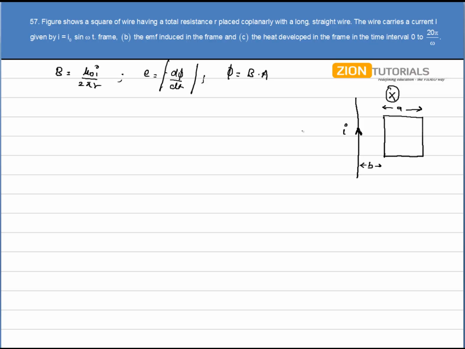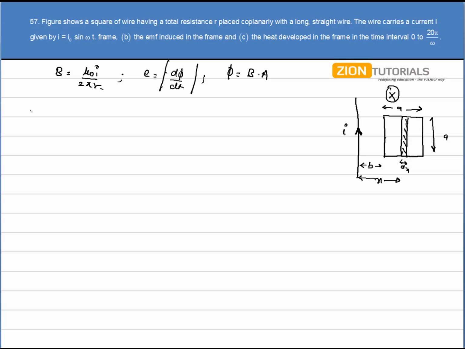Now the problem here is that the magnetic field through this square loop is changing because it depends on R, as we wrote here, and R is changing from this point to this point, and so the magnetic field changes. So what we do over here is we take an elementary strip of width dx at a distance of x from the current carrying conductor.